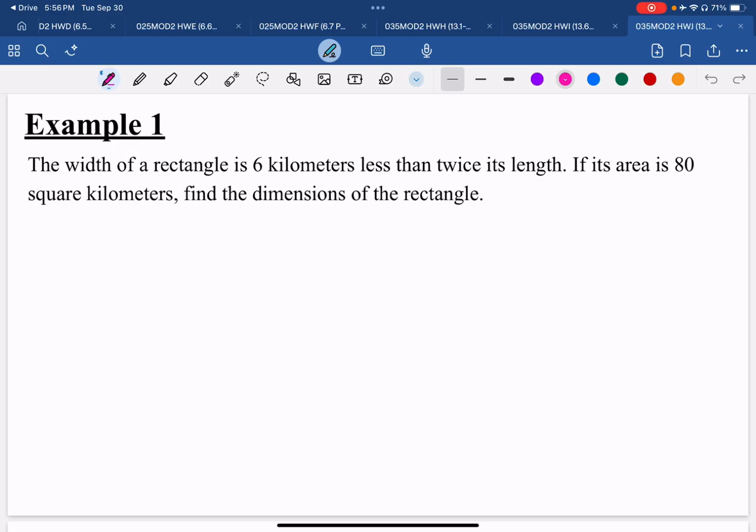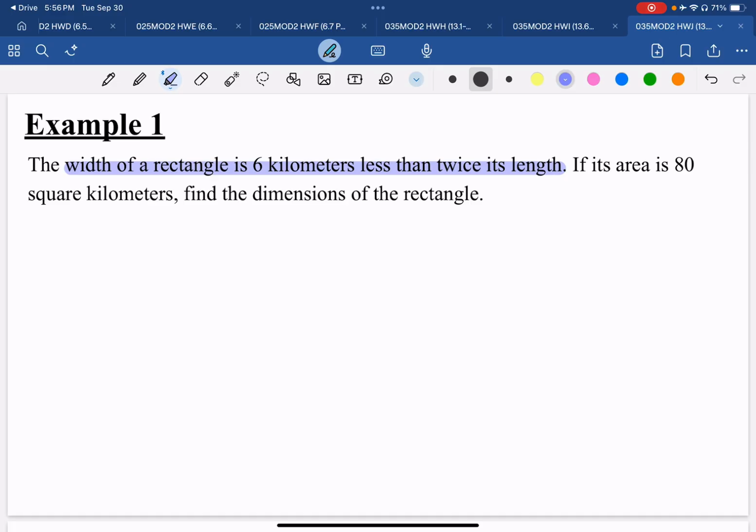So this one says the width of a rectangle is 6 kilometers less than twice its length. If its area is 80 square kilometers, find the dimensions of the rectangle. So it says the width of a rectangle is 6 kilometers less than twice its length.